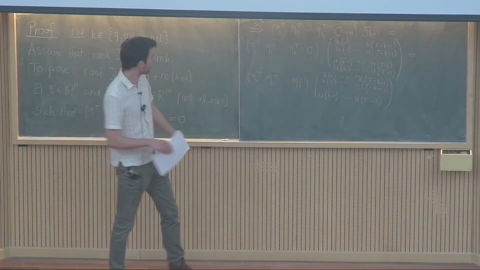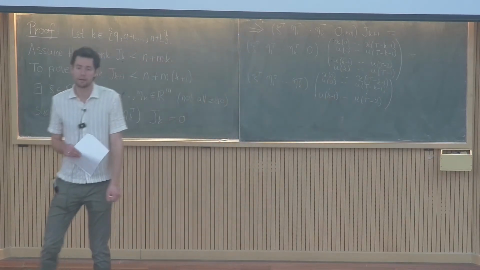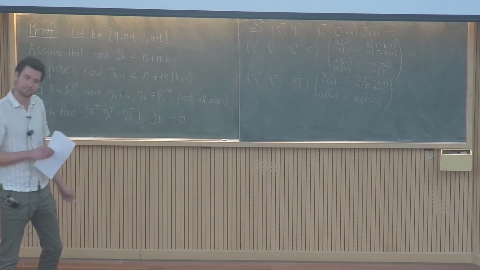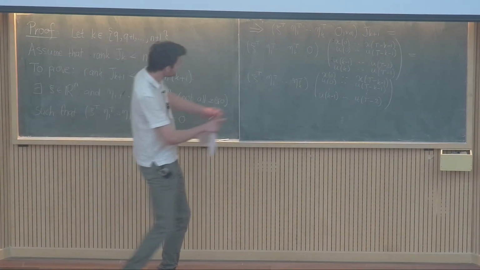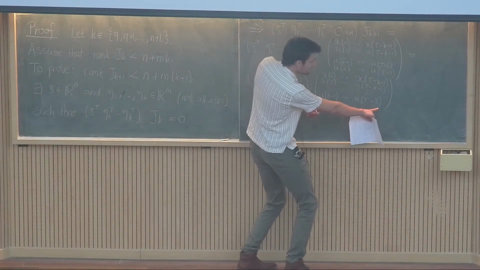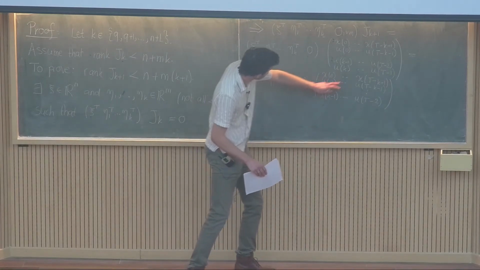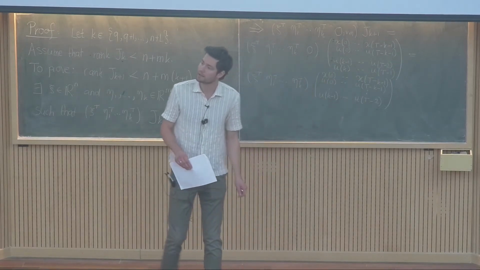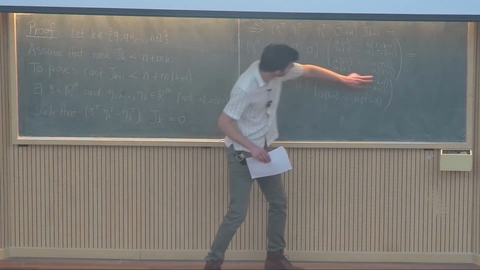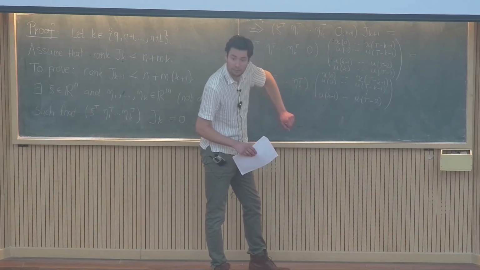So question for you. What do we know about this product that I wrote down here? Let's have a look first at this matrix on the right here. So what you see here are all columns of the matrix Jk, right? Because we have one row of states now, and exactly k rows of the inputs.